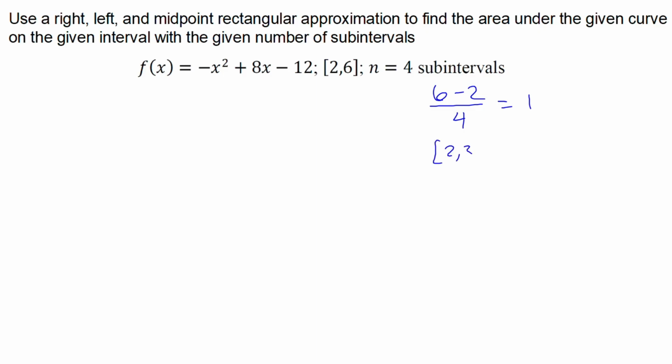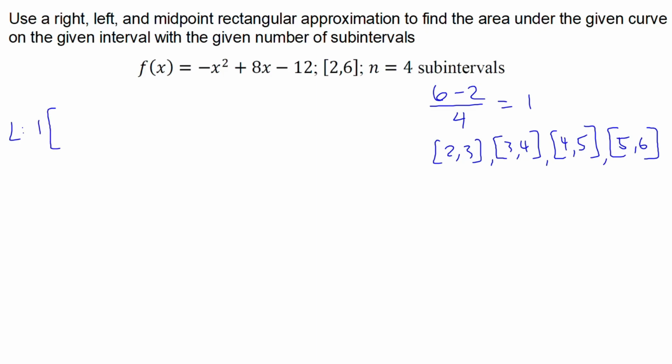So we're looking at 2 to 3, 3 to 4, 4 to 5, and 5 to 6. And if we're going to do the left approximation, each of them has a length of 1. So in fact, this time I'm just going to write the 1 out in front. And then I'll do f of 2 plus f of 3 plus f of 4 plus f of 5.